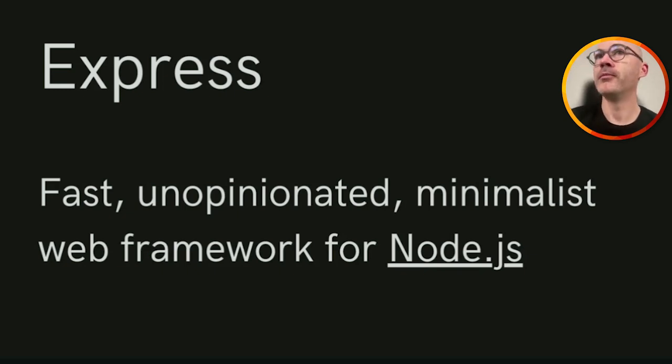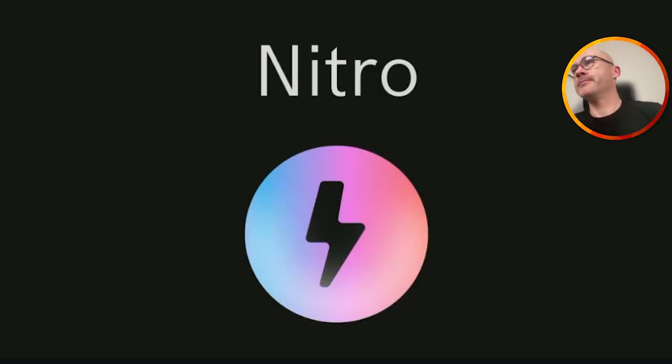There are better solutions like Fastify, Hono, and Nitro. So Nitro, and why focus on Nitro? Nitro has been introduced in the Angular community thanks to Brandon Roberts, who created Analog.js. Analog.js is a meta framework for Angular. So meta framework is a framework built on top of the frameworks.